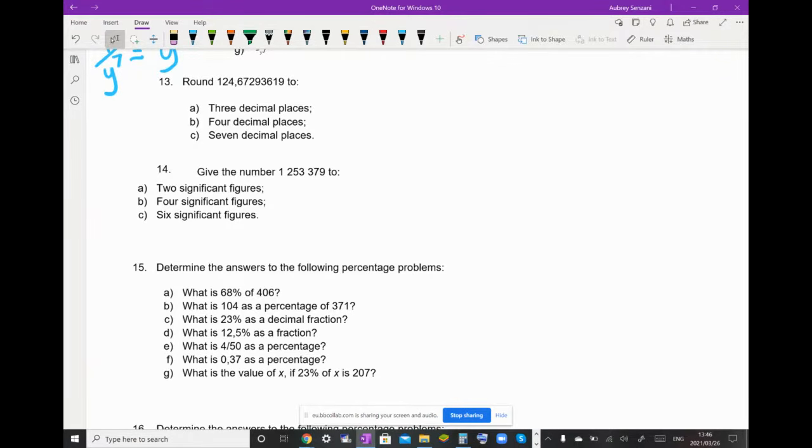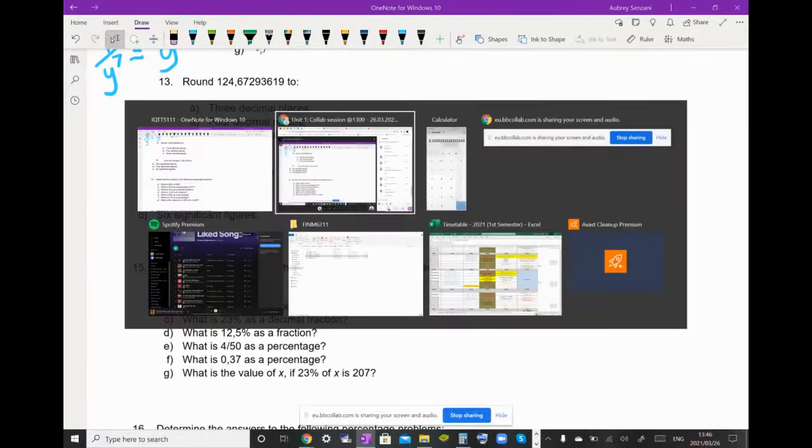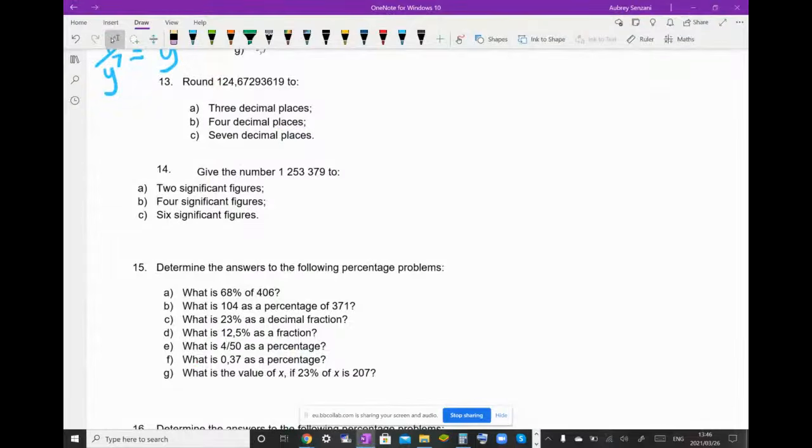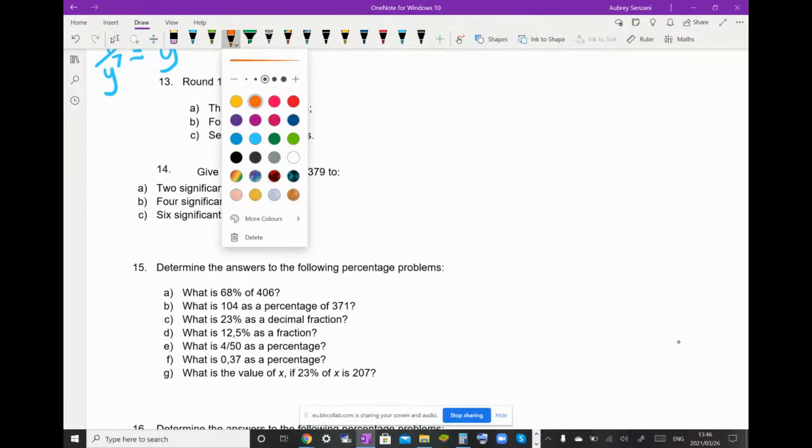To 3 decimal places, what does that look like? There's an answer in the chat already: 673. Yes, that is 100% right.